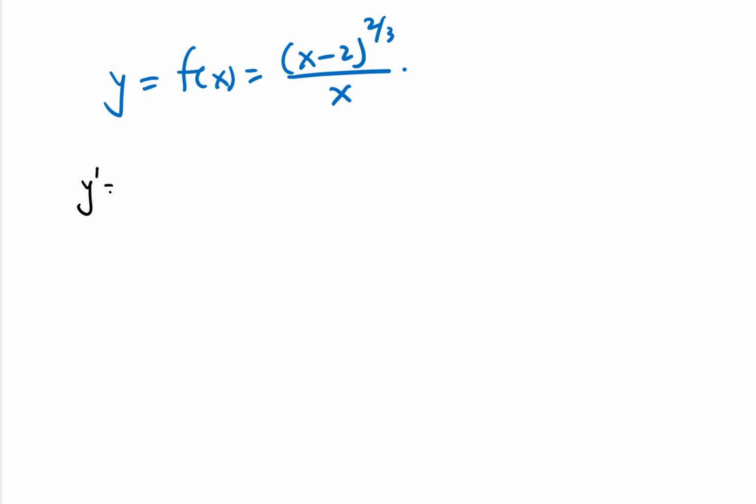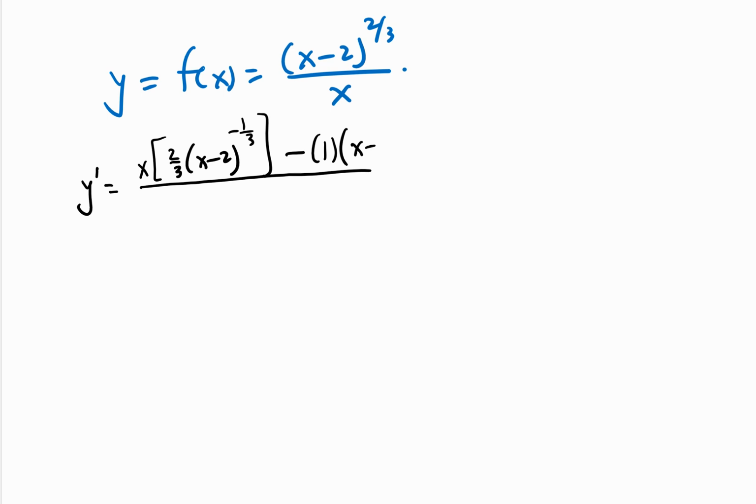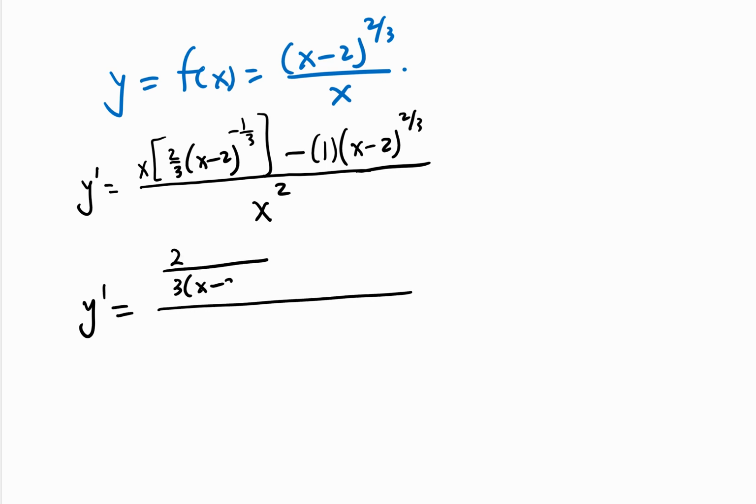So y prime equals the bottom one times the derivative of the top, 2/3 times x minus 2 to the negative 1/3, minus the derivative of the bottom one times the top one, over the bottom one squared. So y prime is 2 over 3 x minus 2 to the 1/3, minus x minus 2 to the 2/3 over 1, over x squared over 1.